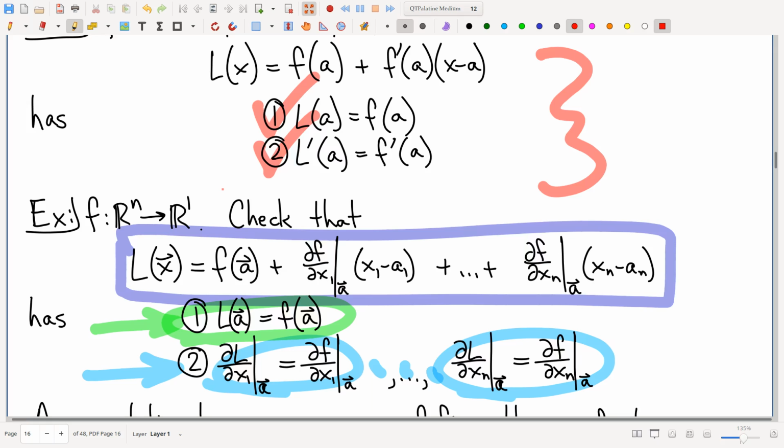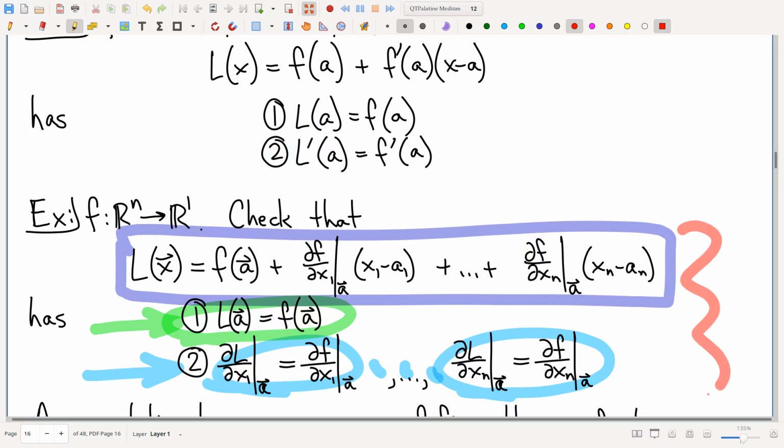And then, in very similar form, you will look at this function and confirm that it's got the same value and the same partial derivatives as f at the point A. Nice little exercise.